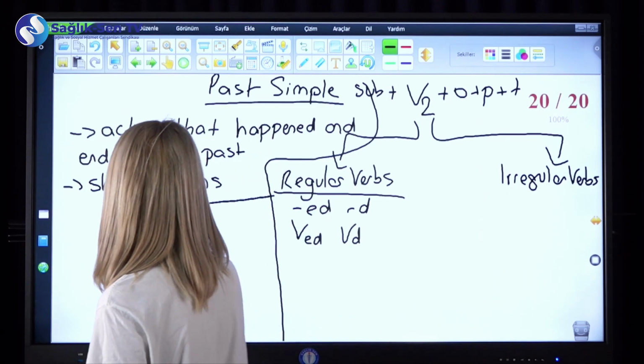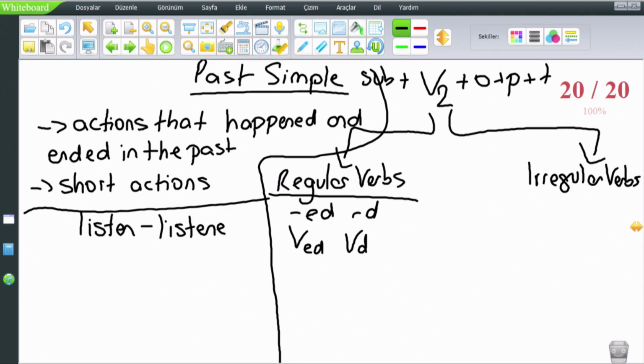For example, listen becomes listened, or work becomes worked. Let's say die only gets d, for example, died. These are the regular verbs we have in verb 2.